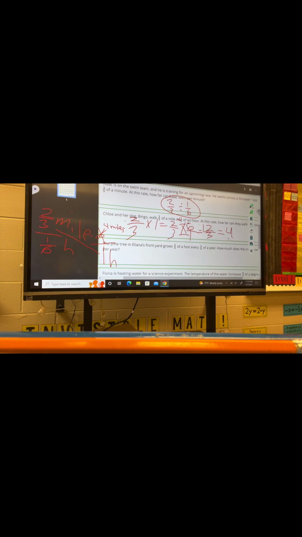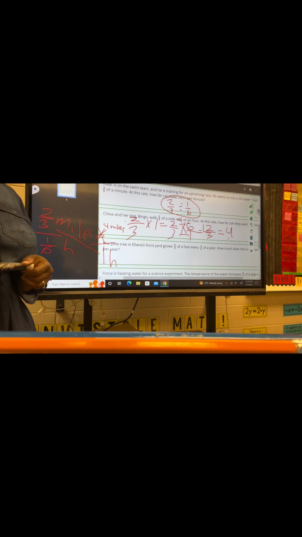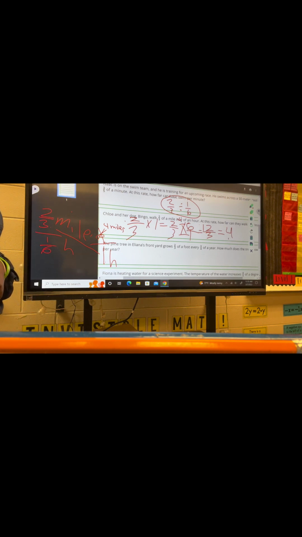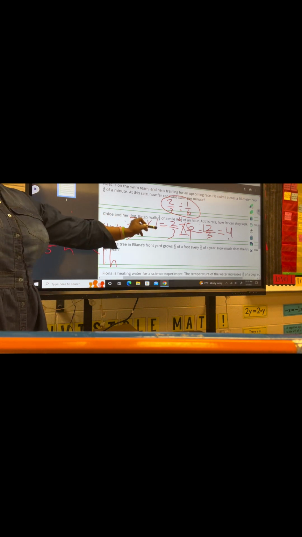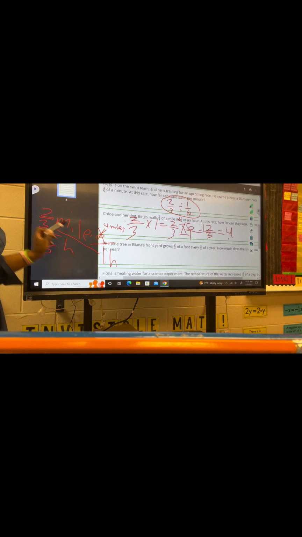Well, you had your head down half of the time, so you probably are a little confused right now. If you got 2/3 times 1, and then it equals 2/3 times 6 over 1. Okay. So he had 2/3 times 1. You see that was the 2/3 times 1 when we cross multiplied.